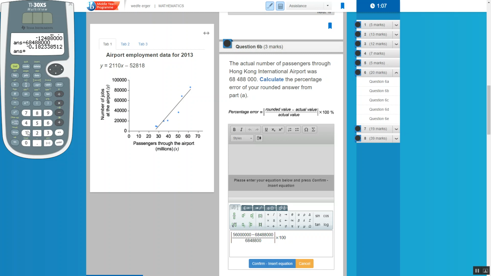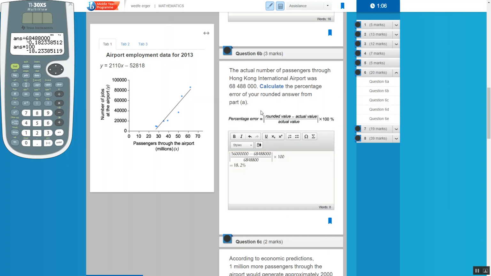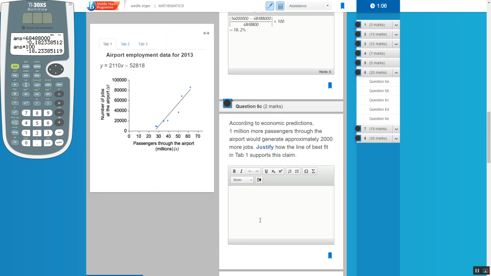Okay, and then multiply by 100. And because this is an absolute value, all we have to do is ignore that negative sign. And we get 18.2%. Okay, we're not interested in whether it's positive or negative, we just want a positive value.